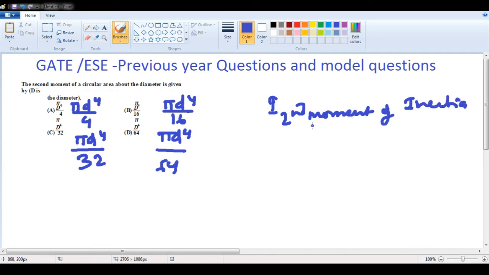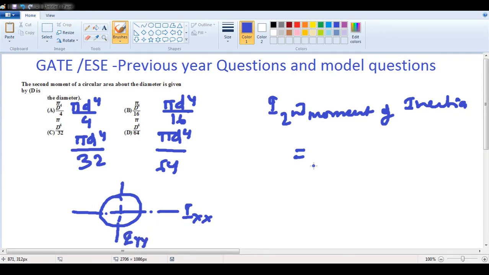inertia. So the second moment of inertia is nothing but, if you take a circle, right, this is a circular area, so a circular area has two axes. So second moment of inertia means what? It means the inertia about Ixx and the inertia about Iyy. So I for a circle is nothing but a combination of Ixx plus Iyy, correct? We want to know what is the second moment of inertia. This is our point of understanding.